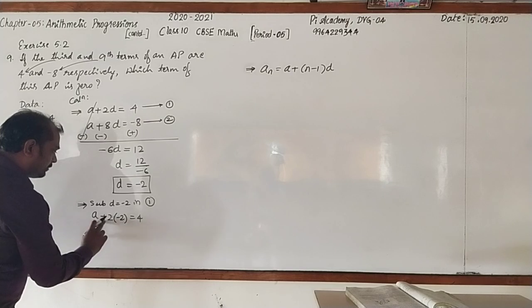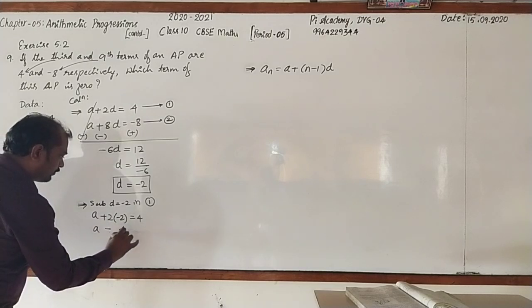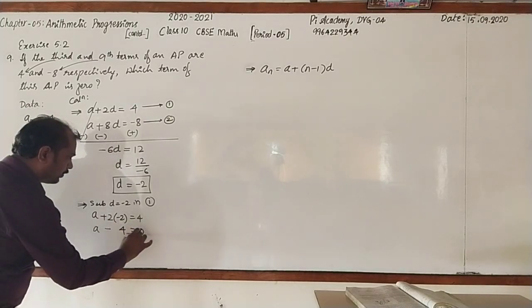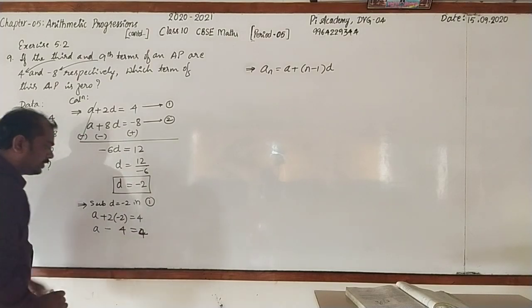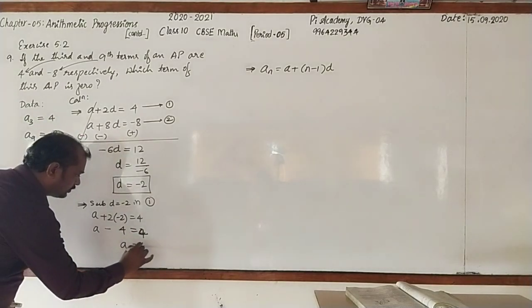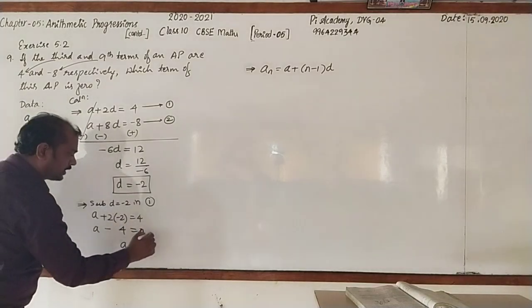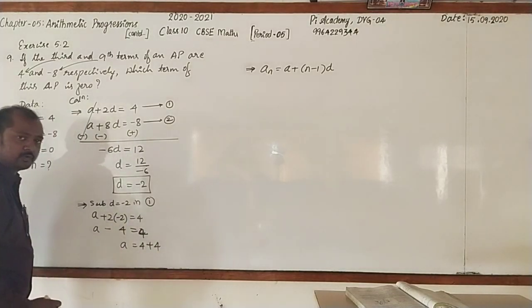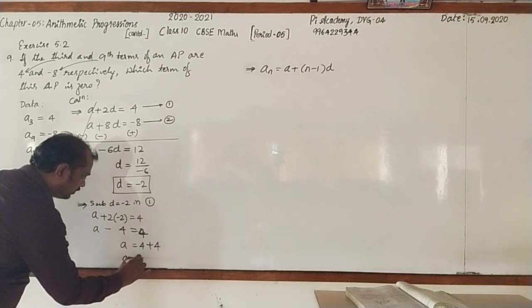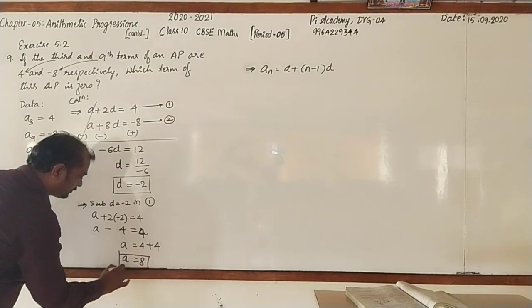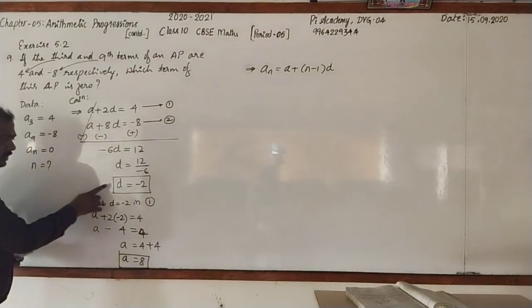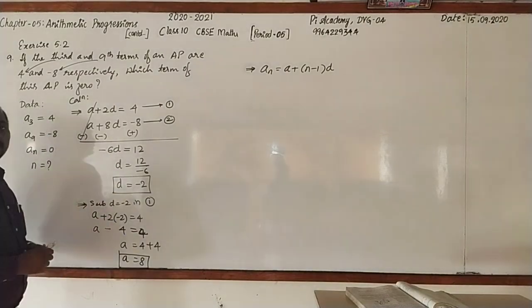Then a plus into minus 2, 2 twos are 4, is equal to 4. Next, a minus 4 is equal to 4. Transfer minus 4 to the right hand side becomes plus 4. Then a is equal to 8.